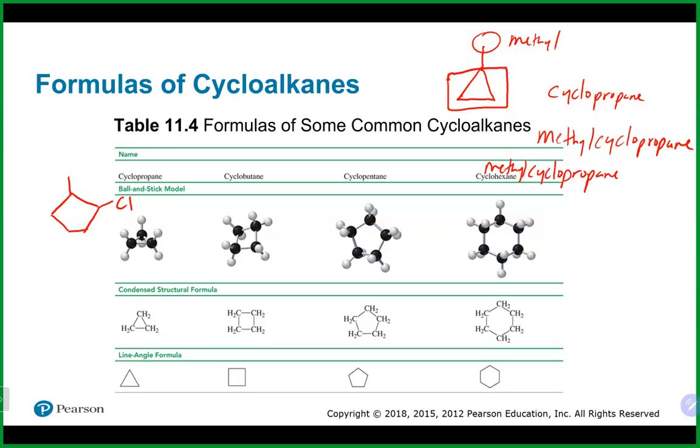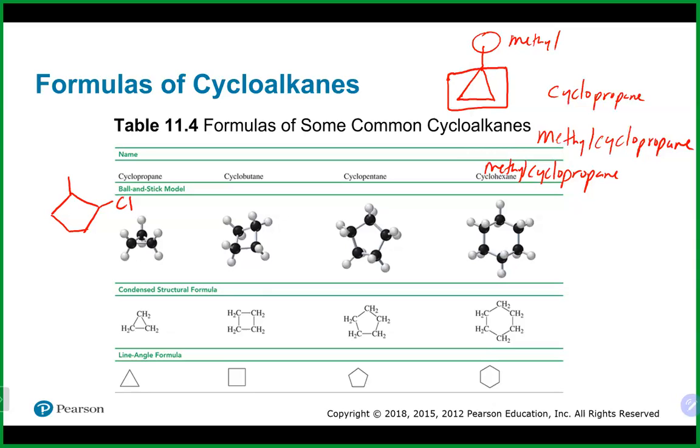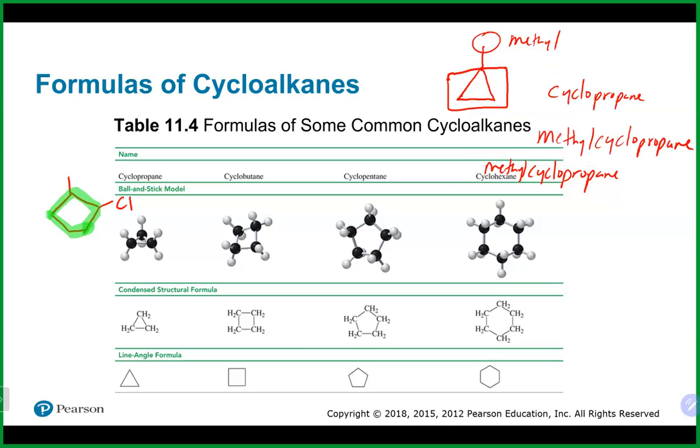Okay, let's take a look. So the longest carbon chain here would be our ring here. So that definitely would be our longest carbon chain, and that is 5 in a ring structure, which means really the base of our name here, I'll go up on top, is cyclopentane.